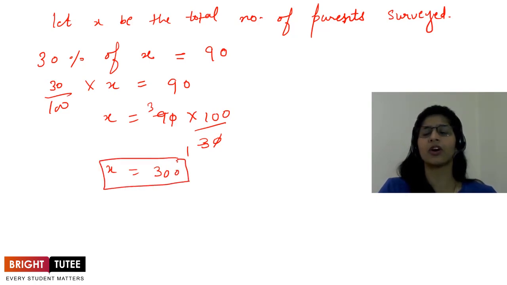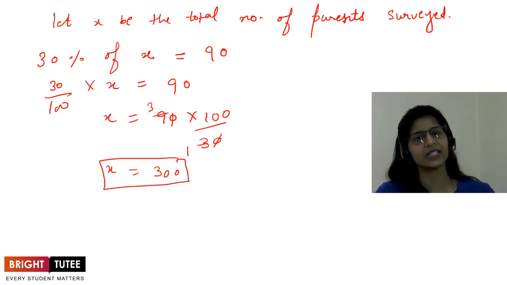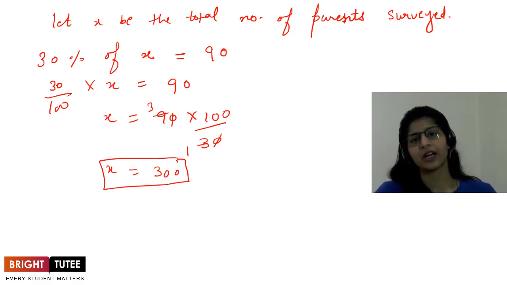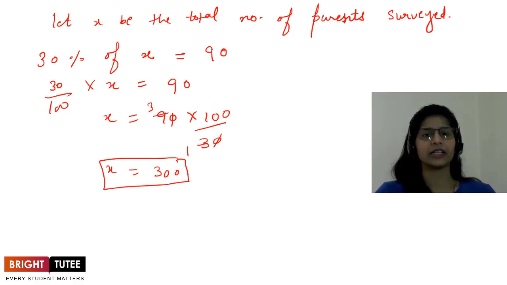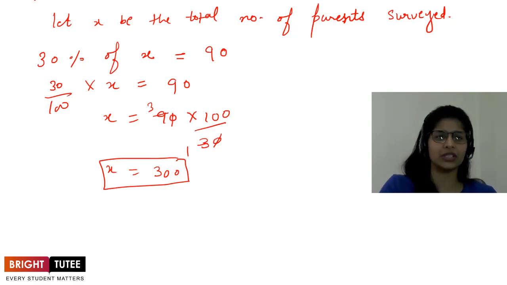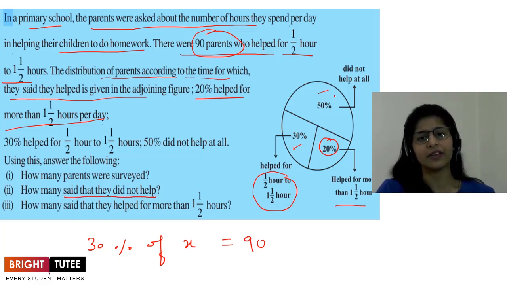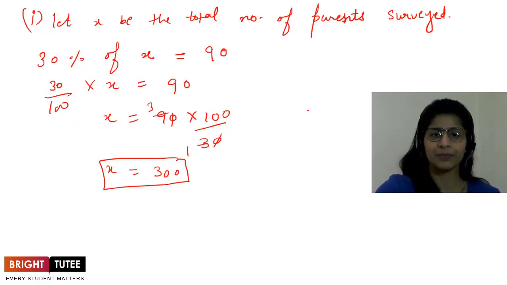That means a total of 300 parents were surveyed and asked about the time they spend helping their child with homework. So this is what we have done, the first part of the question. In the second part they are asking how many said that they did not help. 50% of the parents said that they did not help.